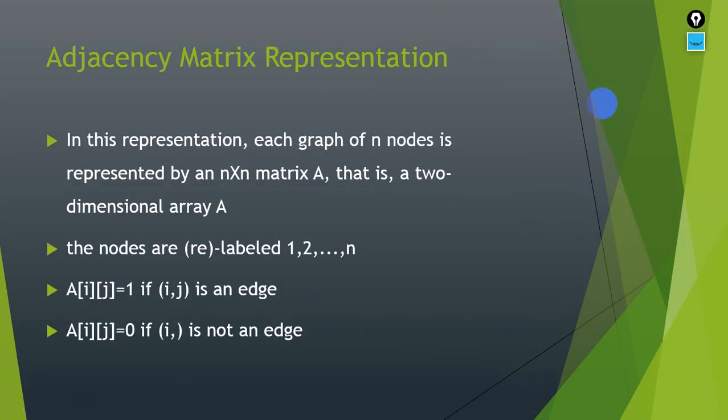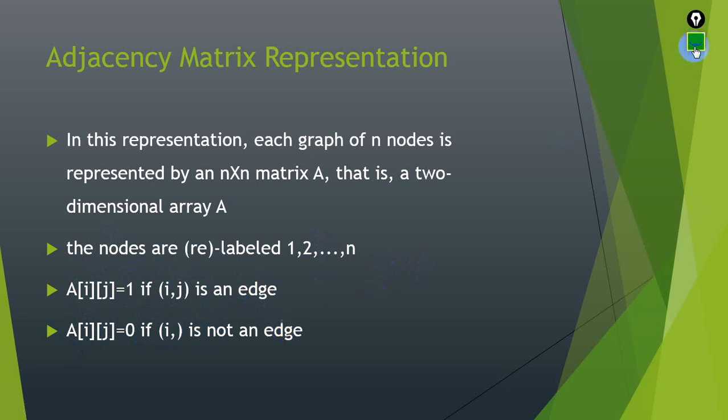Okay, adjacency matrix representation. In this representation, each graph of n nodes is represented by an n multiplied by n matrix A, that is a two-dimensional array. The nodes are relabeled 1 to n. aij is equal to 1 if ij is an edge; aij is equal to 0 if ij is not an edge.